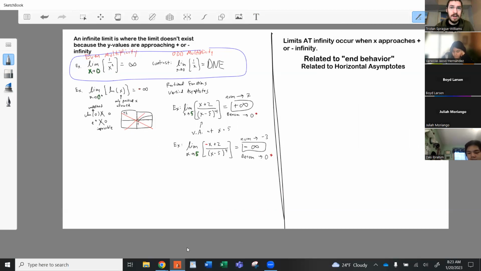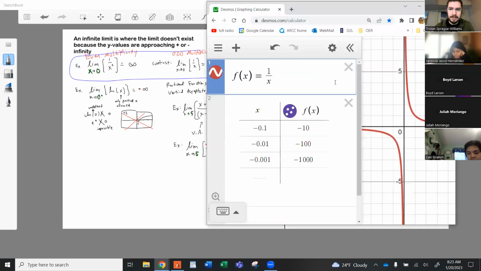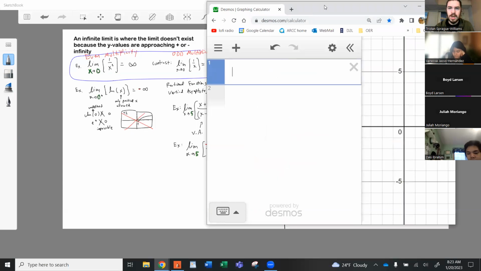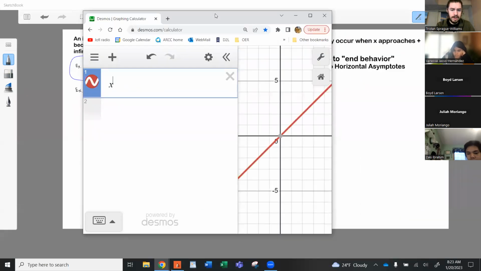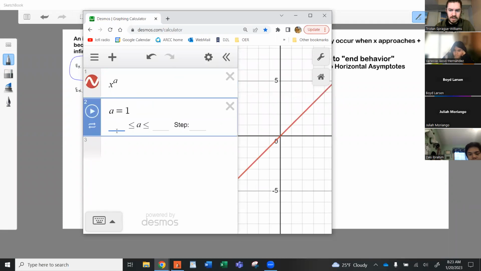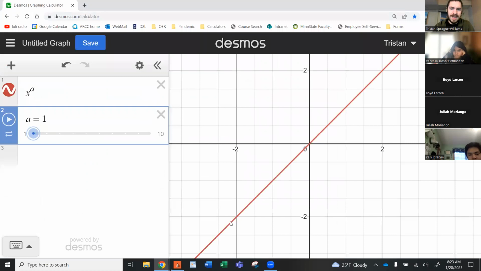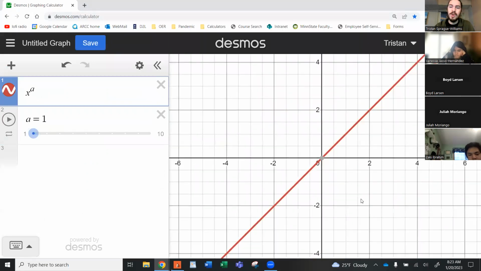So horizontal asymptote is a type of end behavior, but there's other types of end behavior. When you were in pre-calculus studying polynomials, you probably talked about how if you look at x to the power something, it has an end behavior, whether it's going up or going down.